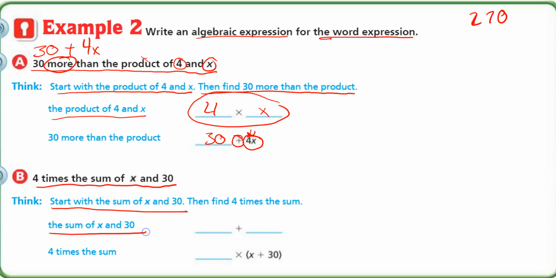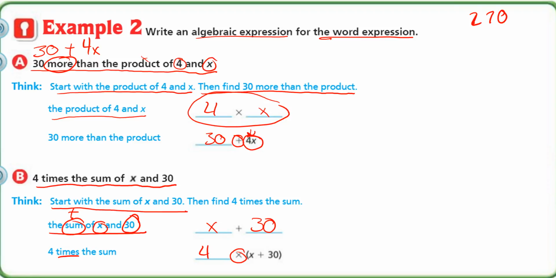So the sum of x and 30 would be written as x plus 30, because sum means we're adding. And what are we adding? X and 30. So x plus 30. And then 4 times that sum means 4 times that sum, whatever x plus 30 equals. Now that's how they suggest it.